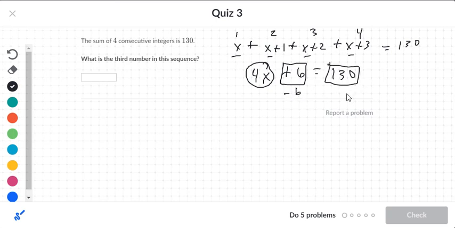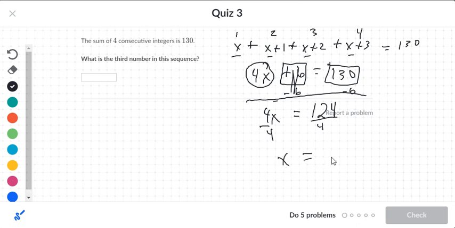You're going to get rid of the 6, so you want to subtract 6 from both sides. And you're going to get 4x. This cancels out, and this is 124. Go ahead, divide both sides by 4, and you find that x is equal to 31.